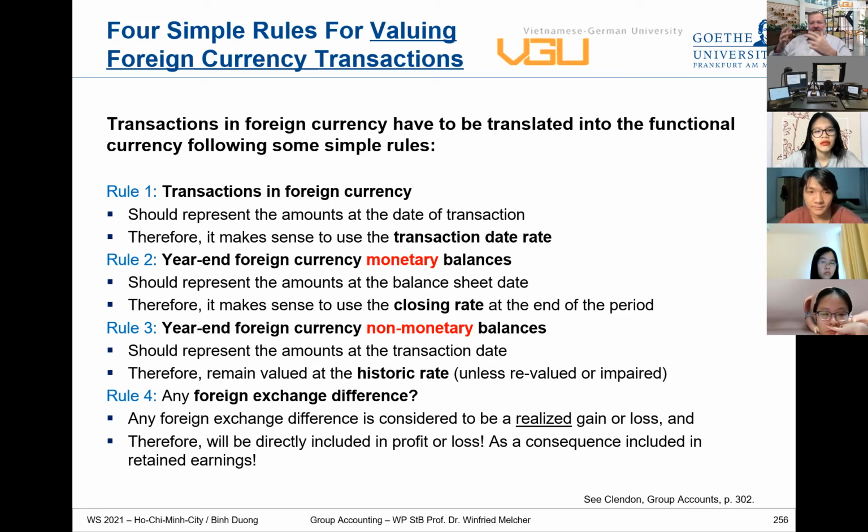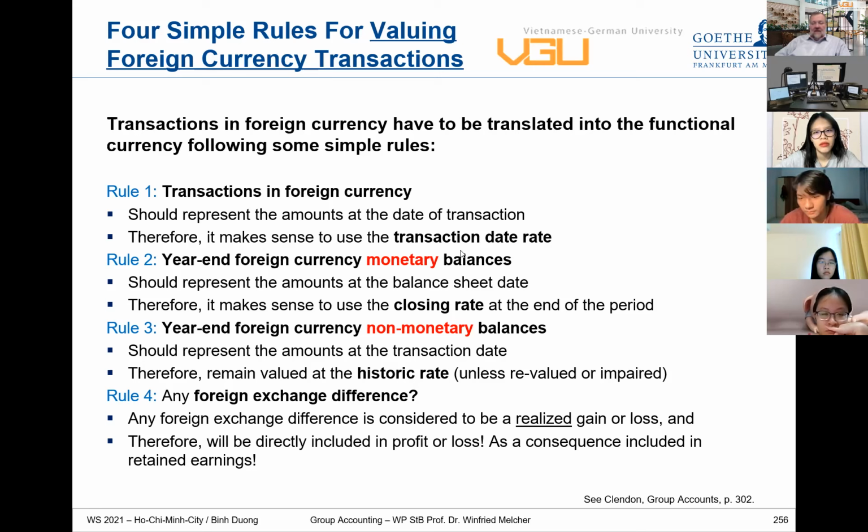Okay, so that's a decision you have to make in the company. There are no rules for how to get to such a transaction date rate. If it's reasonable and if there is no big difference, I think your auditors will accept that.